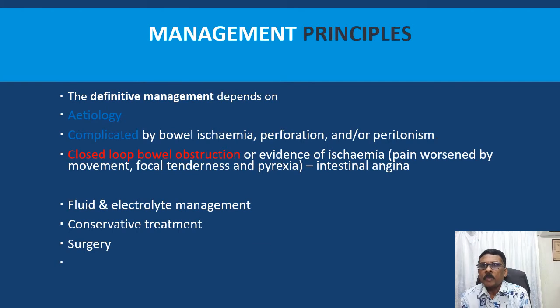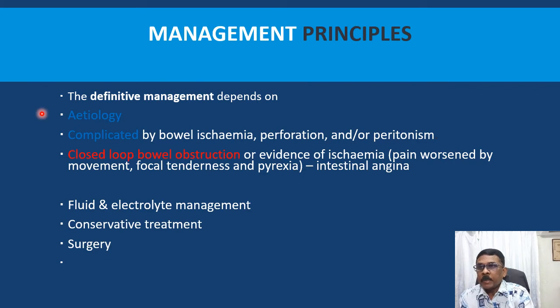Now we come to the management. First we'll look at the principles in the management of intestinal obstruction. First of all, the definitive management depends on the etiology. That's very clear. So we have to look for the etiology, determine the cause and treat the cause.